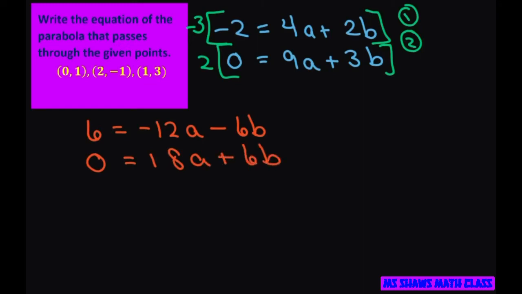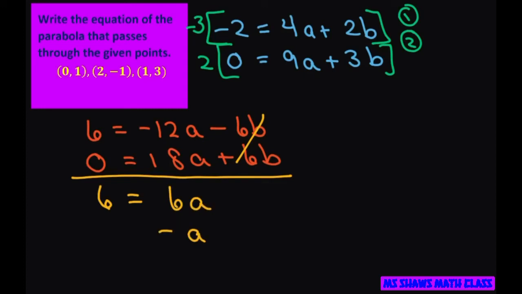Now that we did that, we can add. And what you're going to get is 6 equals, this cancels, and negative 12a plus 18a is 6a. So that gives me a equals 1 when you divide both sides by 6. So we already have c equals 1 and a equals 1.